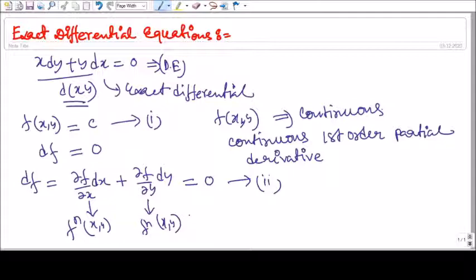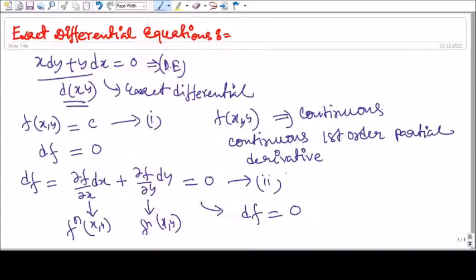So if the differential equation is in this form, then we can convert the left hand side into a differential of some function. In reverse, that is d of f equal to 0, the differential of that function f, which is equal to 0.